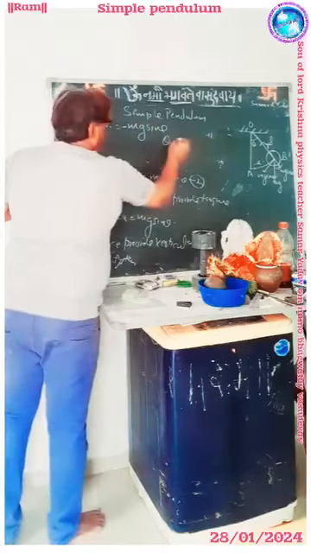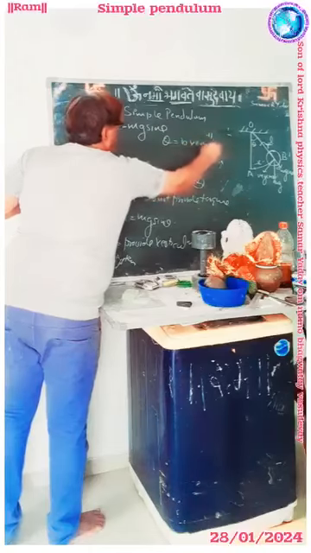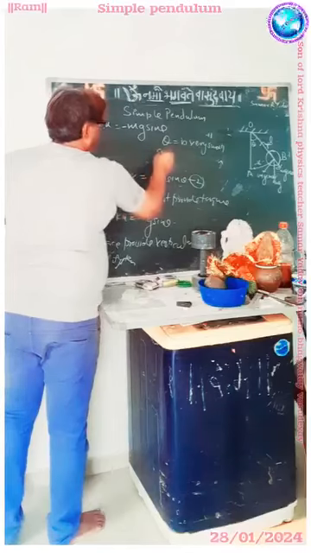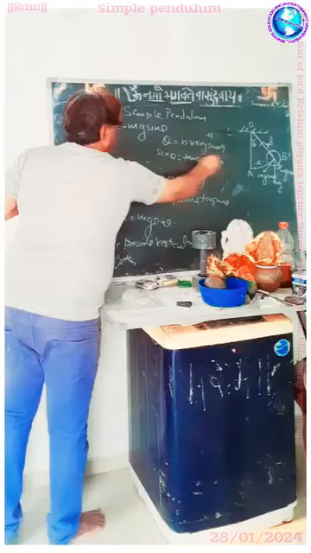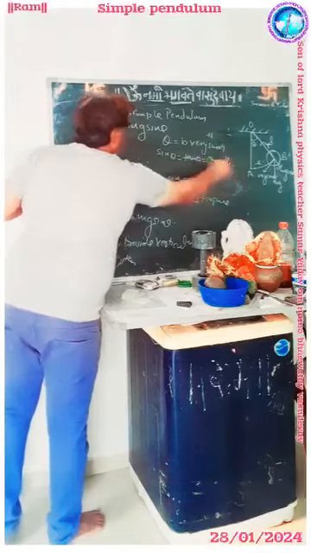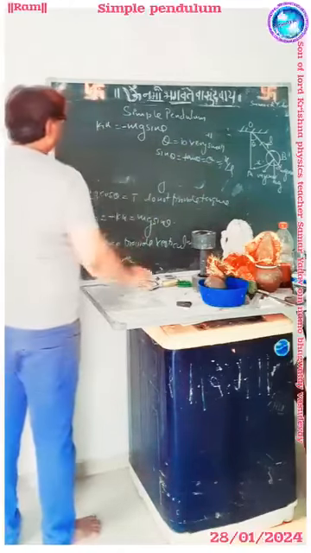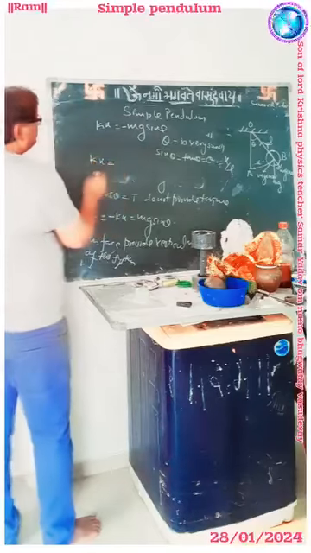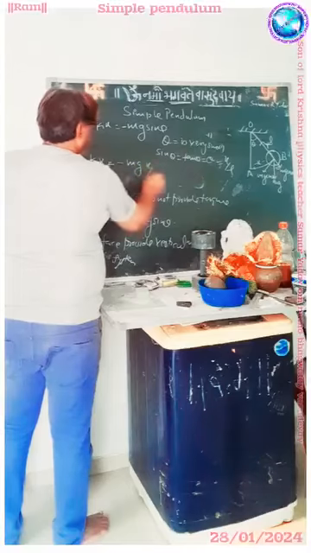Theta is very small, therefore we can take sin theta equal to tan theta equal to theta equal to x upon l. Keeping this value here, we will get kx equal to minus mg x upon l.